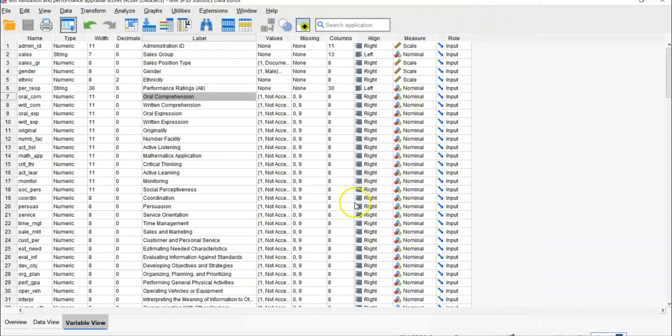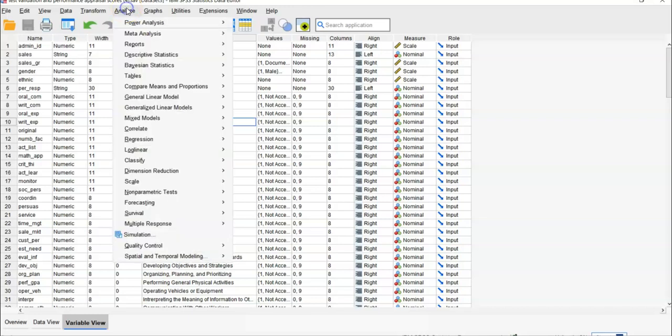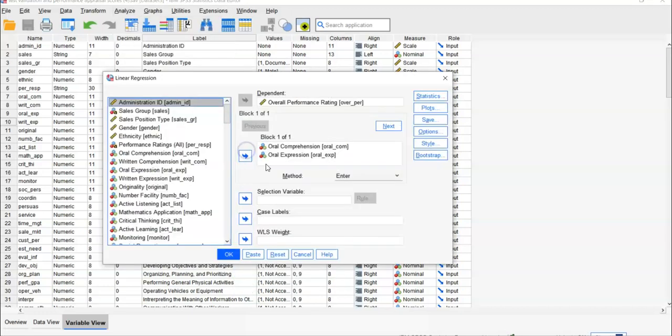Now let's do another regression, as I explained in the beginning: hierarchical. We consider that written expression and written comprehension can also influence the performance of the salesman, but we don't know how much, so we want to do it by step. Analyze, Regression, Linear.